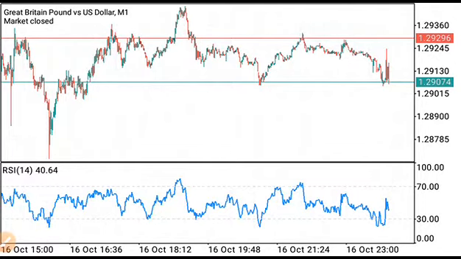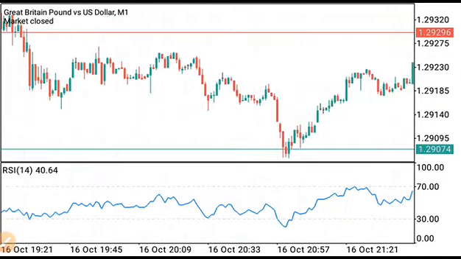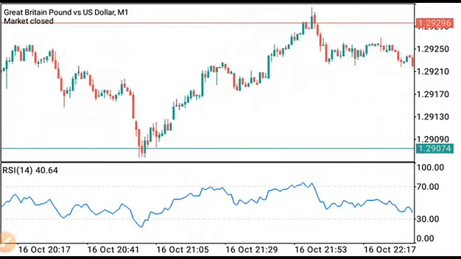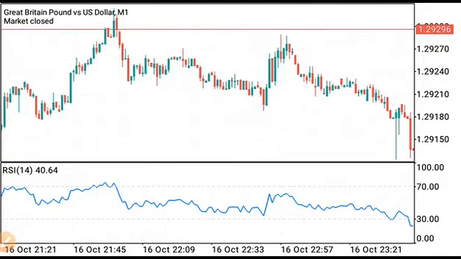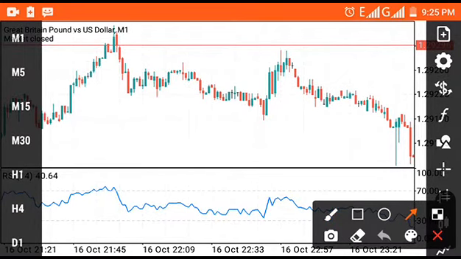Right, today I'm going to be talking about the relative strength index. If you don't know how to add a relative strength index, go to your indicator settings here.